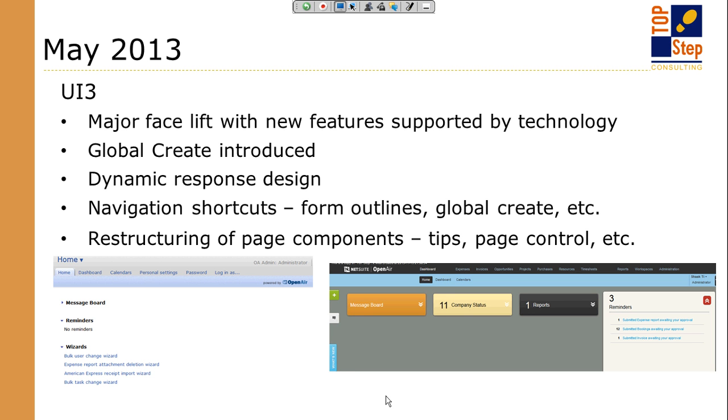So I'm sure by now many of you have seen UI3. It's really a major facelift of navigation, the look and feel of the system. But it did come with a couple of features, and one that's very helpful, I think, is the global create functionality.